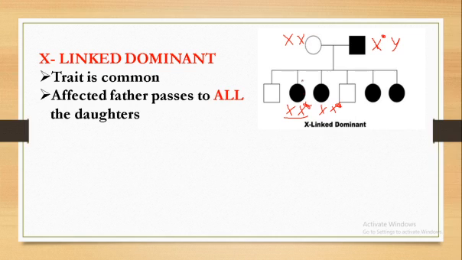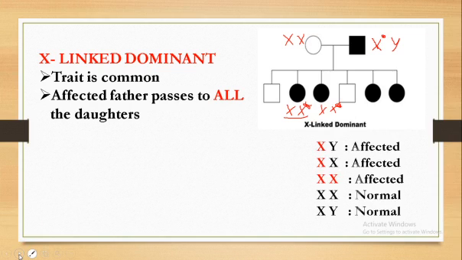So in a generation, if the daughters are affected, then you check the parents. If the father is affected, he is giving it to all his daughters, only his daughters, and the sons are not showing, then you can be almost sure that this is an X-linked dominant trait.